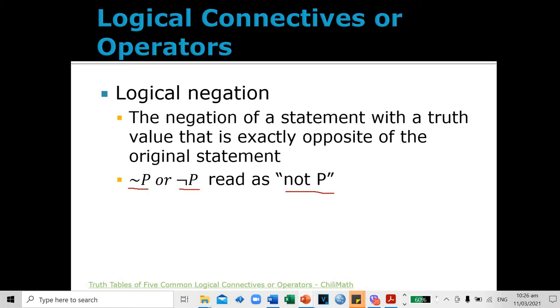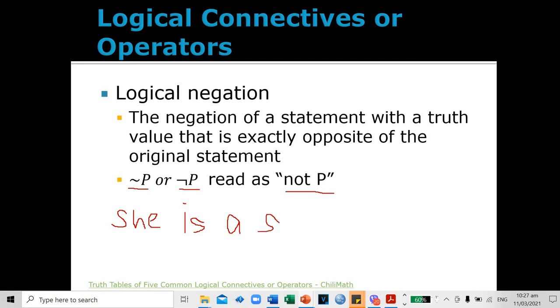So let's say, what example can we give? She is a student. So she is a student.